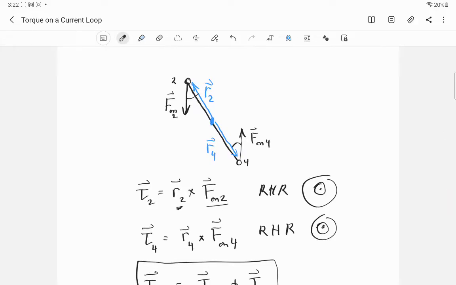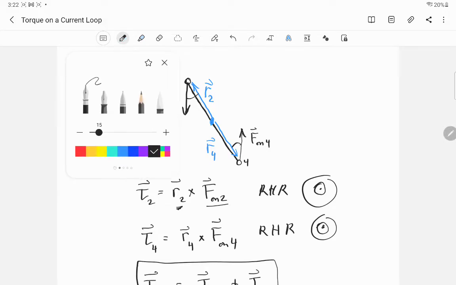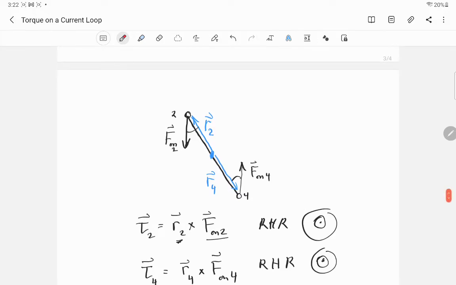An interesting thing to point out is the following piece of detail. Let me add back the magnetic field direction. Remember, the magnetic field was towards the right everywhere, right? That was the magnetic field, and that's the magnetic field that the wire segments 2 and 4 are feeling.